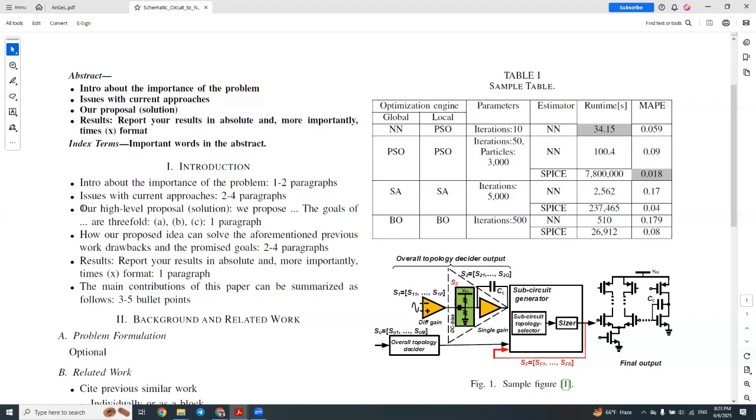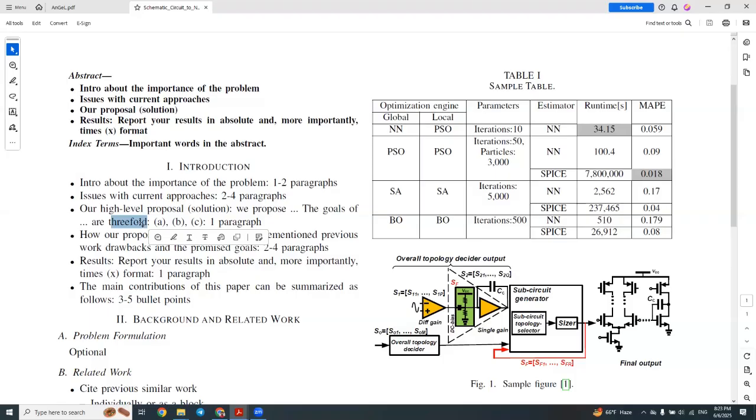Then we have one paragraph that I usually start with: we propose, for instance, Angel. The goals of Angel are threefold. Here I give the goals of Angel, what we want to do with our tool, and the general goals. We don't talk much about how we are going to implement it.